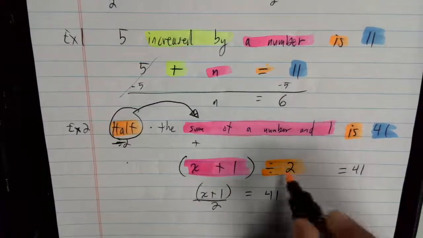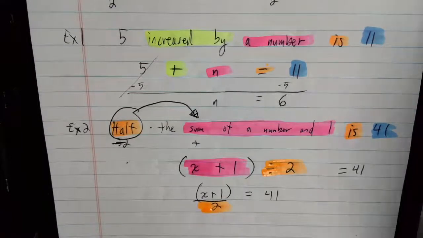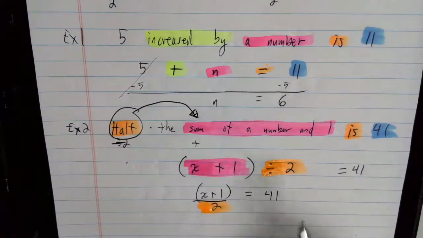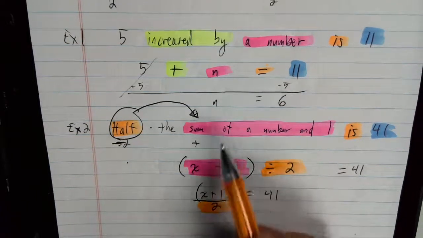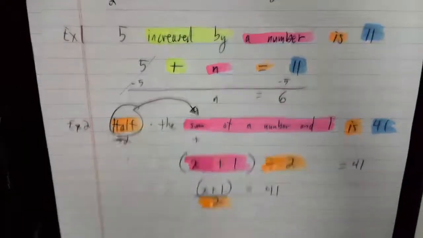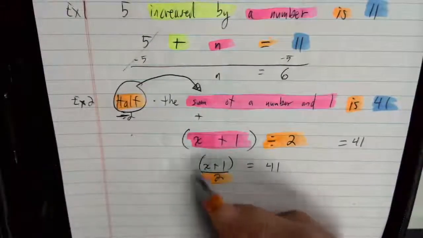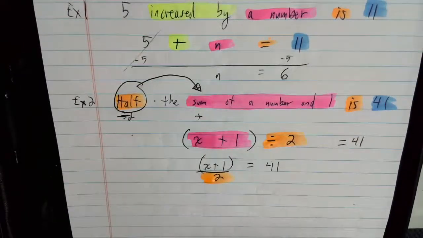So I'm taking half, whether I write divide by 2 or I just put everything over 2. The most important part for you to get for this problem, though, is you got to use parentheses to put an order of operations that is necessary to what the problem states. Now, if you wrote it like this, technically you don't need the parentheses in this version of it. You could just write x plus 1 over 2, but it's helpful nonetheless to understand why it's there.